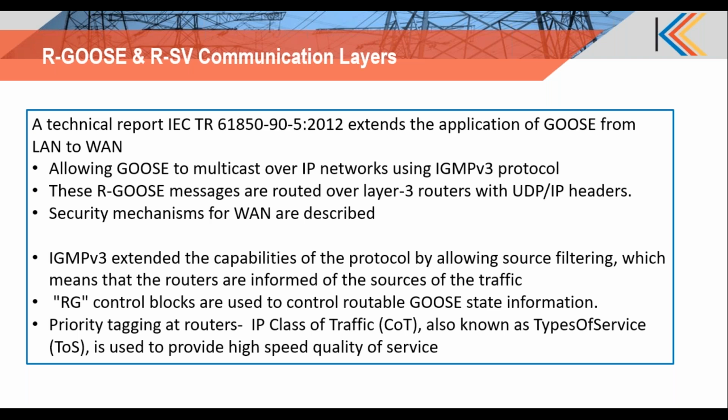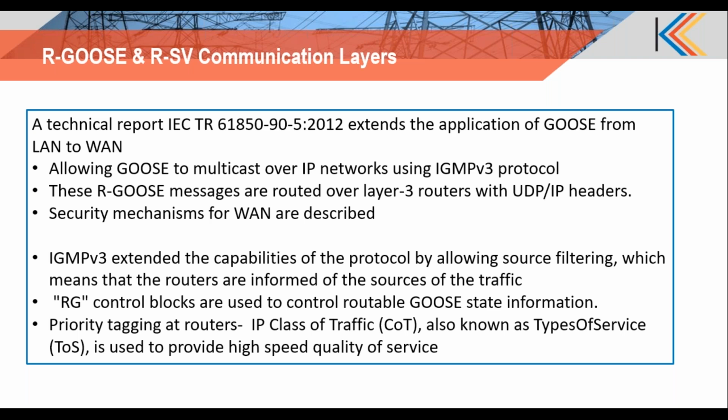So what is this IGMPv3? IGMP extends the capabilities of the protocol by allowing source filtering, which means that the routers are informed of the sources of the traffic. That means you can add some level of predictability into the network delays offered by your network, because we have predefined routes that are already known to the routers, and they always take this same route for the delivery.